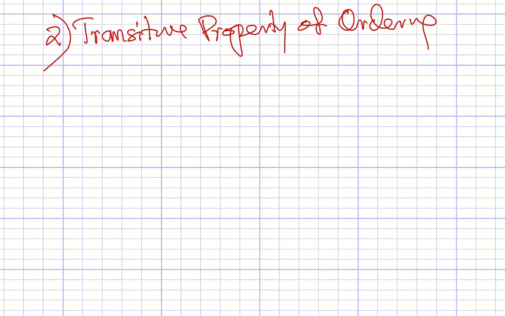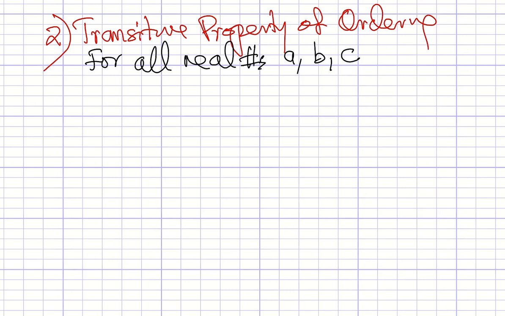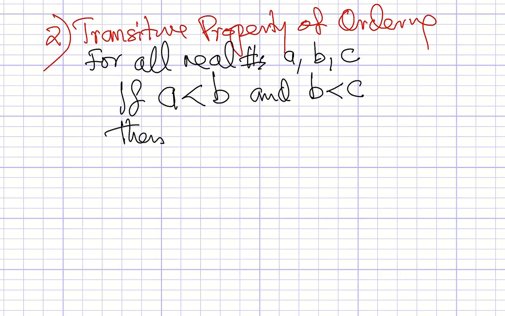What that is saying is, if you are given real numbers A, B, C, three real numbers, right? It says if A is less than B, and B is less than C, then by definition A must be less than C.